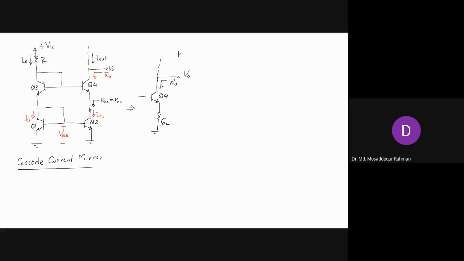And here the R0 will be the small R naught, let's call it R04, times 1 plus GM4, times small R02 in parallel with Rπ4.